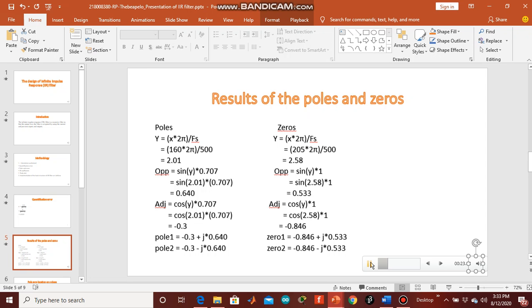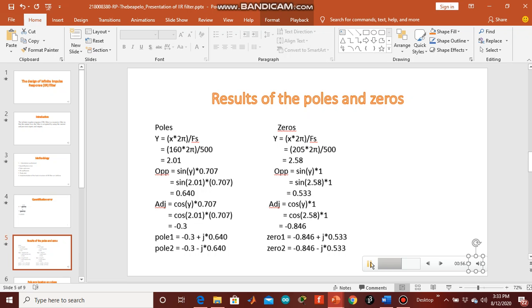Using this angle, we have calculated the opposite and the adjacent so that we can work towards obtaining pole 1, which is negative 0.3 plus j multiplied by 0.640. So pole 2 is just the ghost image of pole 1. It's also a conjugate pair where the j in this pole 2 becomes negative.